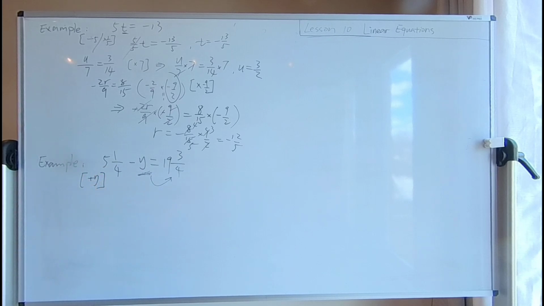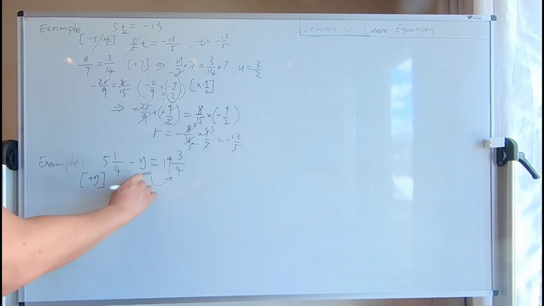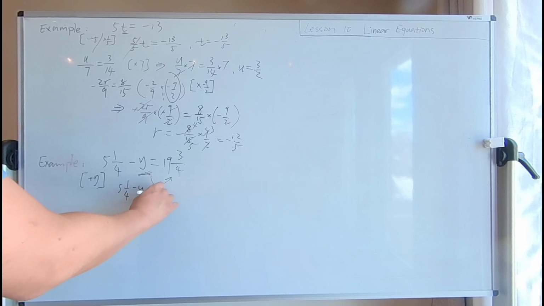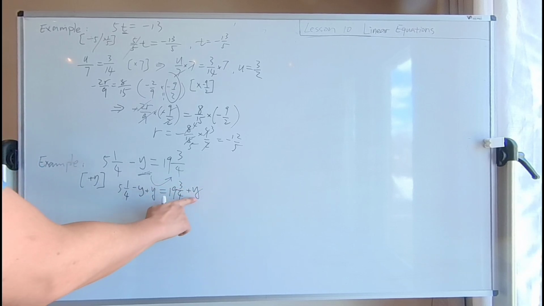The mathematical idea behind that is I'm really just adding a y on both sides of the equation, so that I will get 5 1 over 4 minus y, that's the original terms on the left-hand side, and then I'm plussing another y. The same thing on the right-hand side, I'm also adding a y.